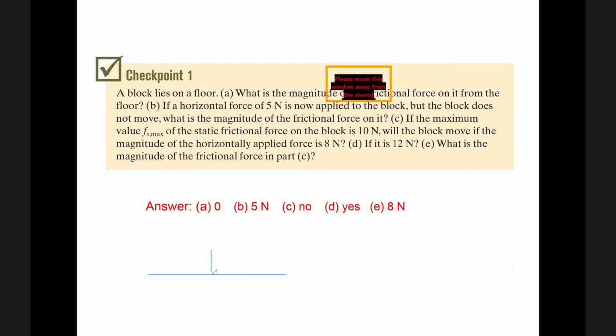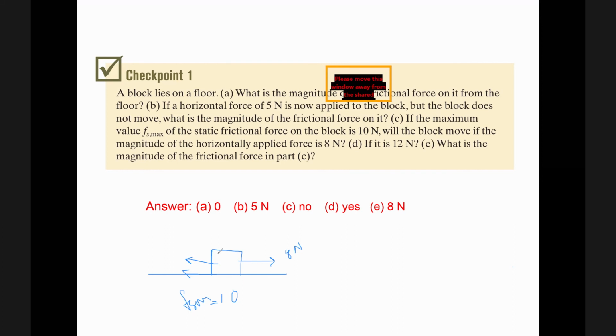Now you have this object here. You applied 8 Newton. This is the applied force. The friction, Fs maximum, is 10. Will it move? No, it will not move. This is the maximum. But in reality, what is the friction that causes it not to move? It is 8. So Fs in this case is 8, not 10. And I know the cap: if I apply exactly 10, it will not move.